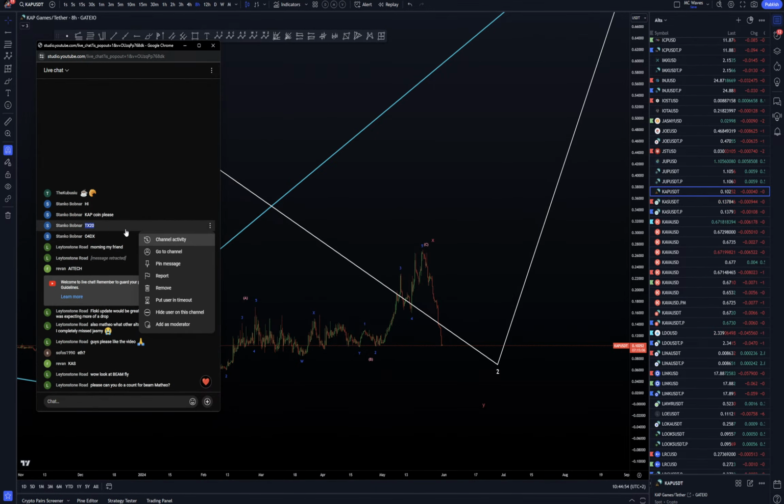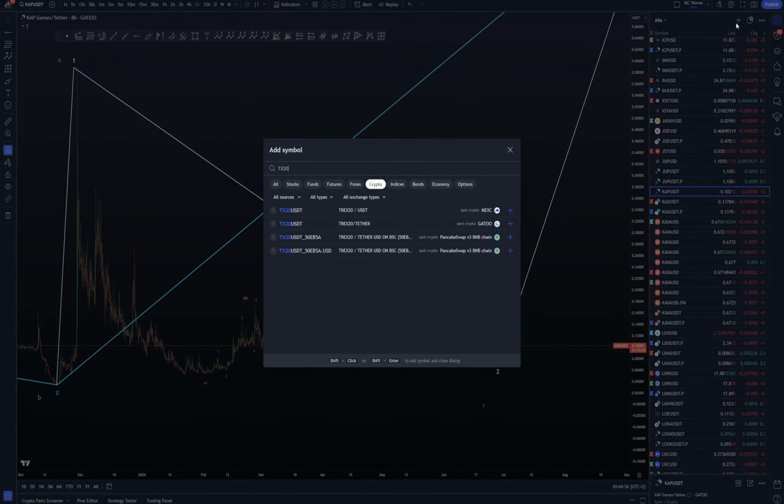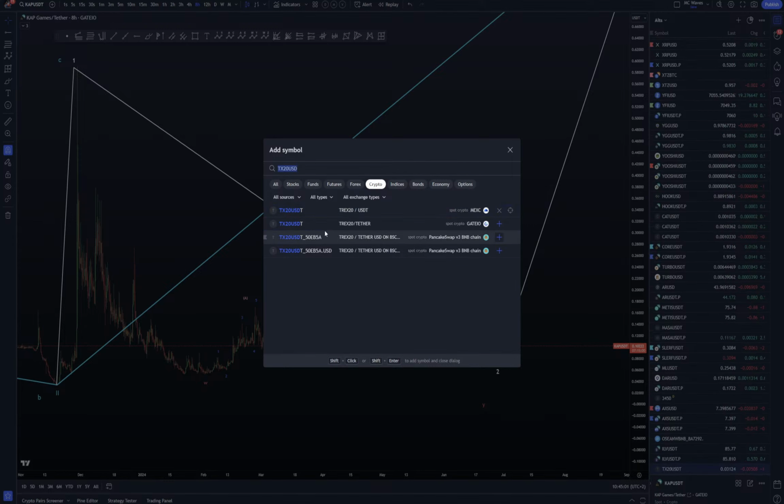Let's check. So TX20, I don't know what this is. TX20. Okay, you know, these are some cryptos.